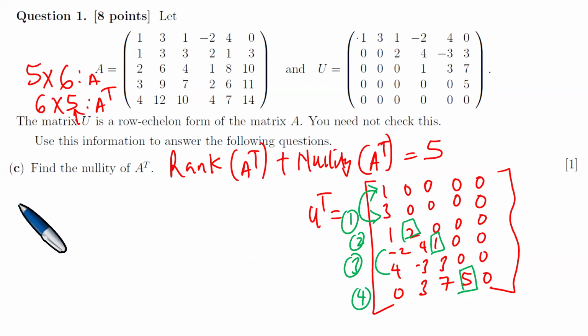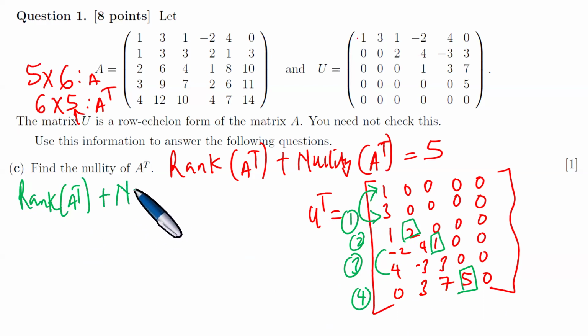So in other words, we say we have the rank of A transpose plus the nullity of A transpose equals 5. Therefore, the rank itself, we've already seen that it is 4, because these and that have the same rank.